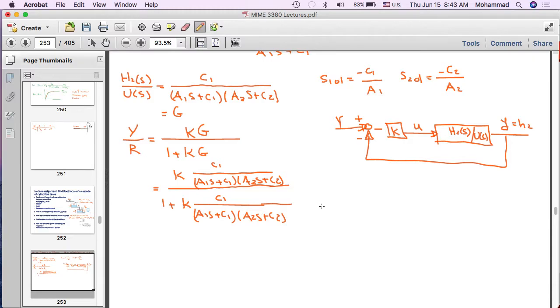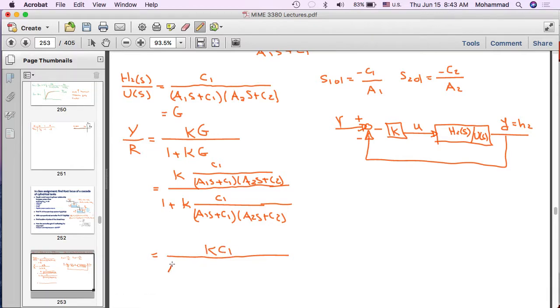So we need to again simplify, and the way to simplify is to eliminate the denominator in the numerator. So we'll make this the common denominator down here so we can simplify it. After simplification, what is left in the numerator is K, the controller gain, times C1.